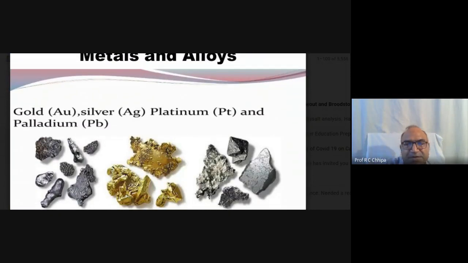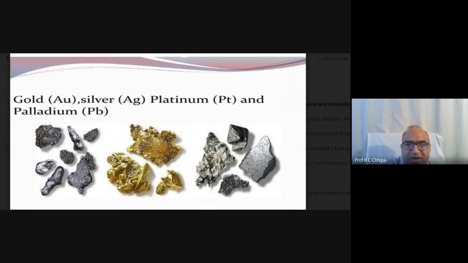Here we can see the picture of gold, silver, platinum, and palladium. Noble metals exist in their native form, not in the combined form. What is the combined form and what is the native form? Native means as such.